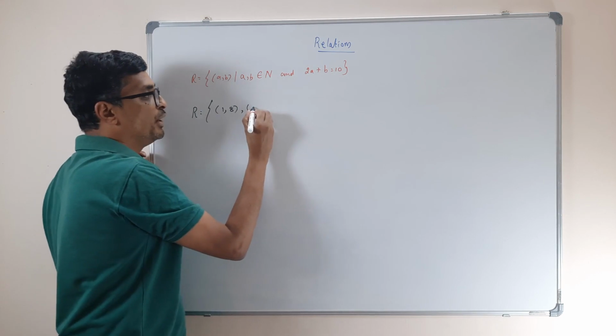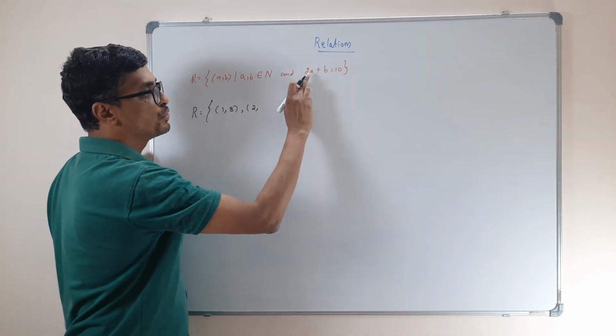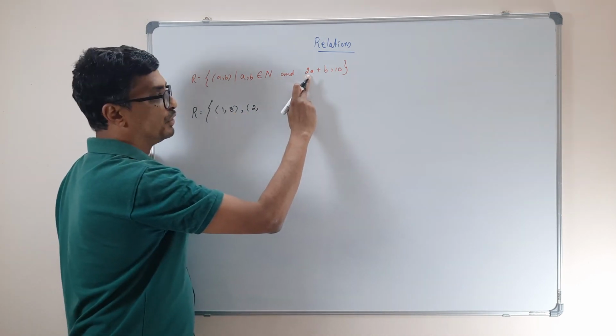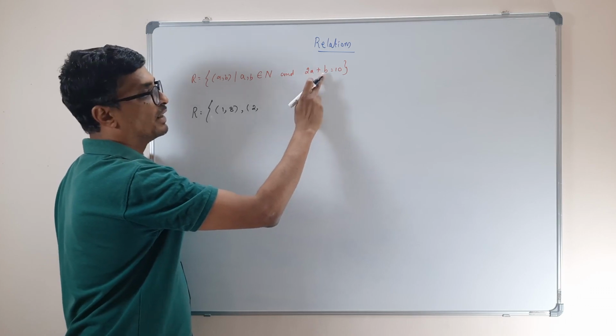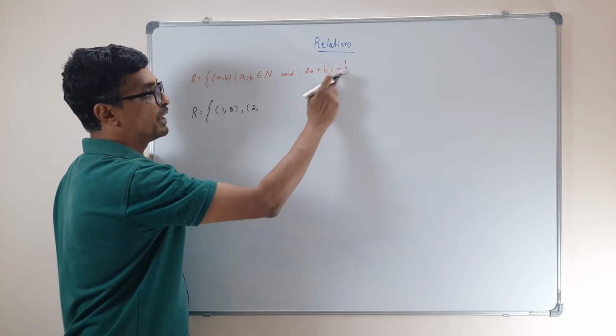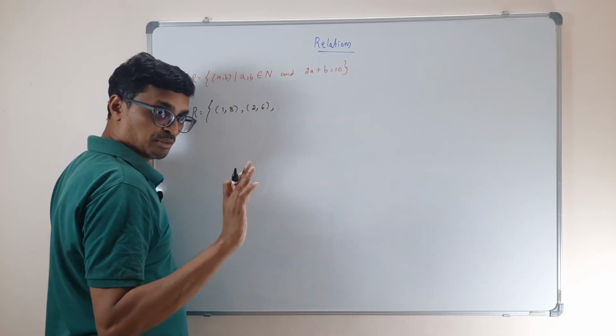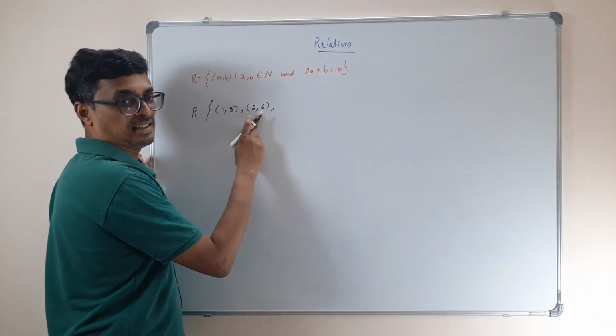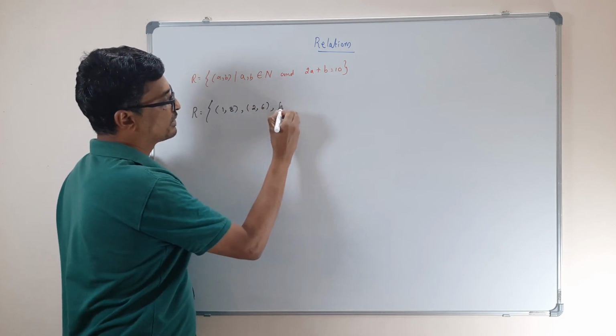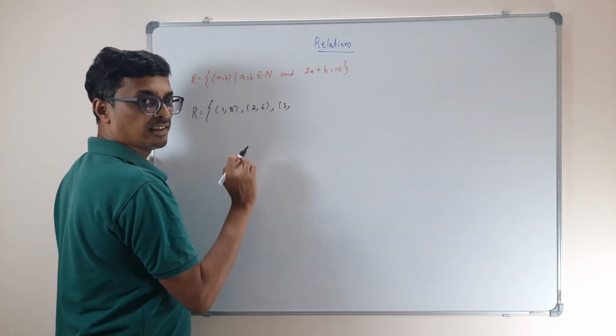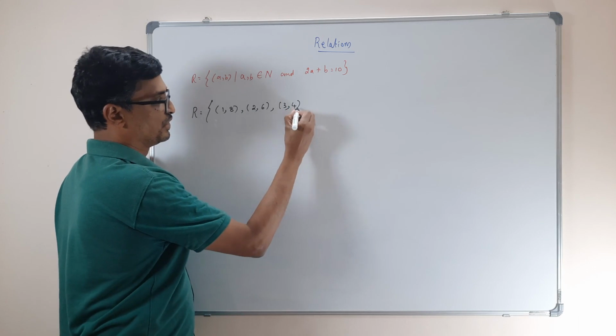Next A can be 2. If A is 2, 2 into 2 is 4, so B will be 10 minus 4, that will be 6. No other number will work. If A is 2, B has to be 6. Now you tell me for 3: 3, 4.